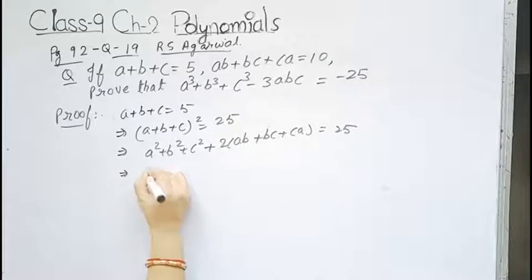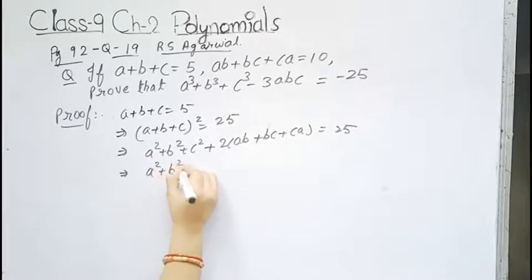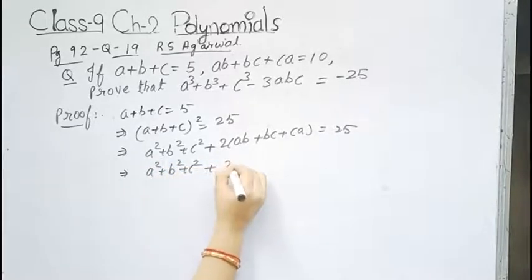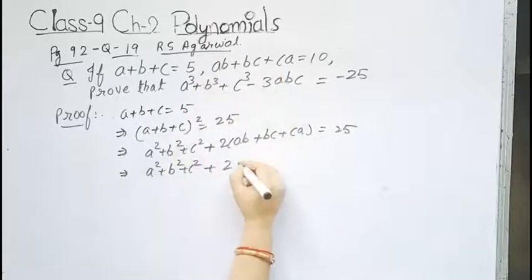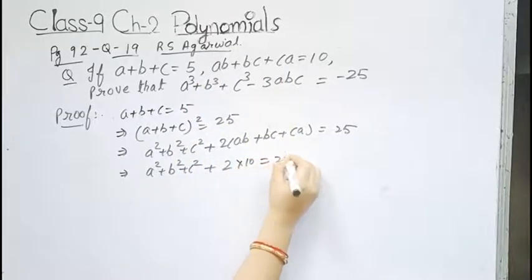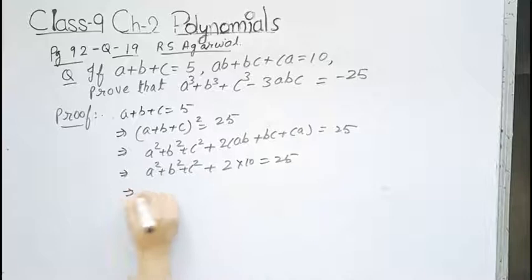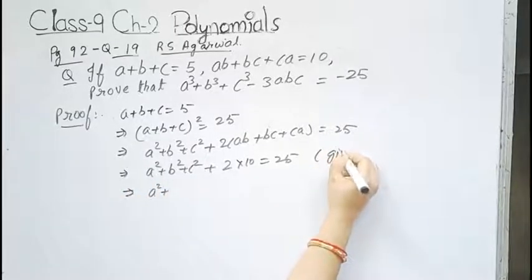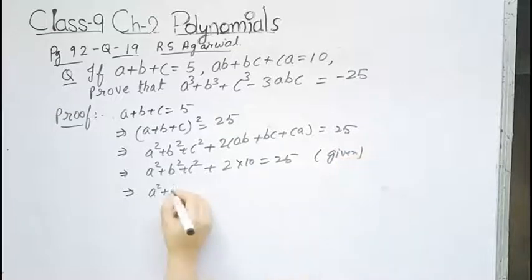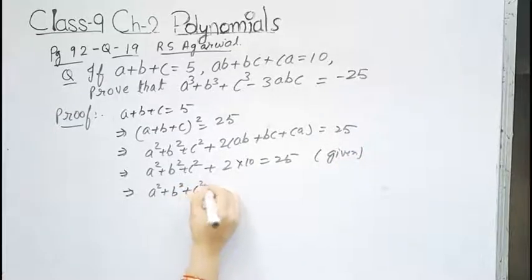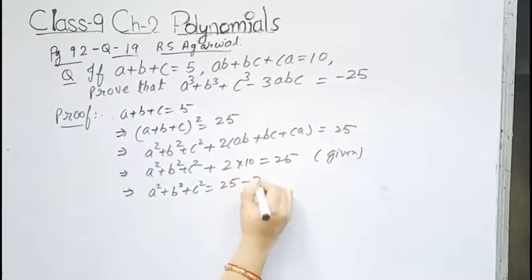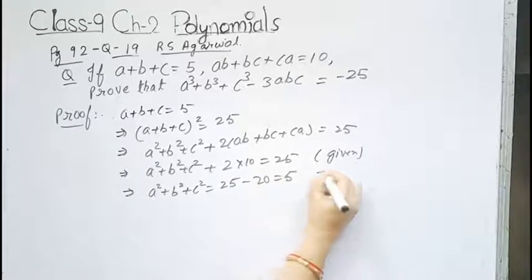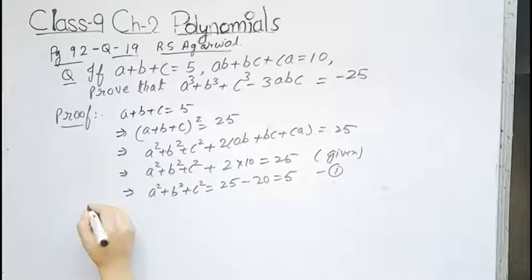This implies a square plus b square plus c square plus twice of this value 10 equals 25. Here we will write given. a square plus b square plus c square equals 25 minus 20 equals 5. Let us make it equation number 1.